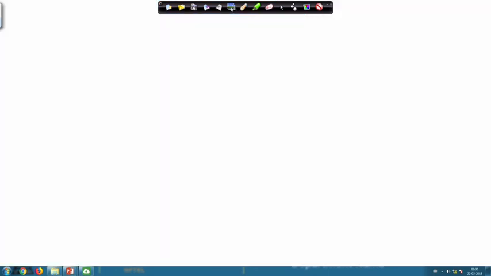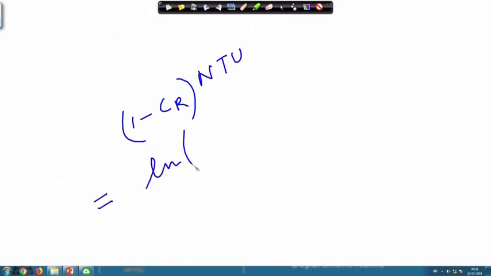So, we will try to see what we have now. Just now we have seen that (1 − C_r) times NTU is equal to ln of (1 − C_r epsilon) by (1 − epsilon). So, how did we arrive at this configuration?